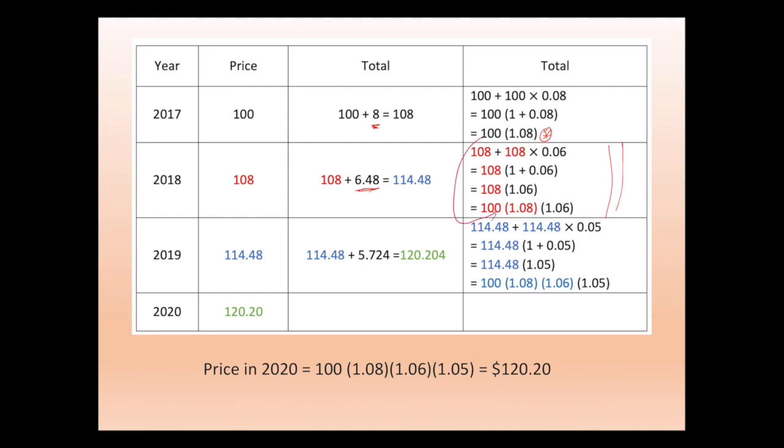Now, 108, if you work it out from here, is actually 100 times 1.08. Therefore, you can see that's 100 times 1.08 times 1.06. Similar situation in 2019 as well. Here, we have 114.48 times 1.05. And 114.48 is actually made up of this.